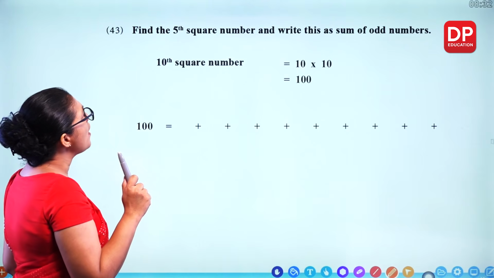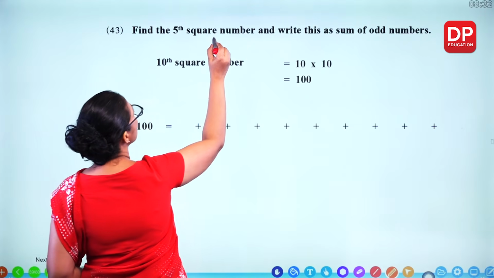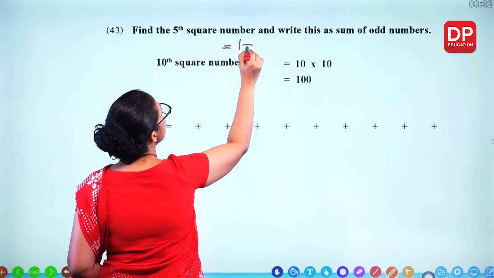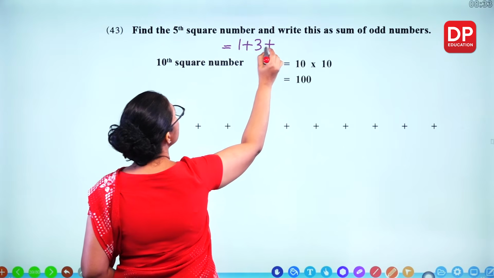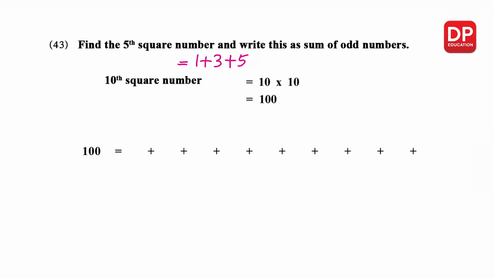Find the 5th square number. What's the 5th square number? So the 5th square number is 1 plus 3. You are adding 5 odd numbers. 1, 2, 3, 4, 5.